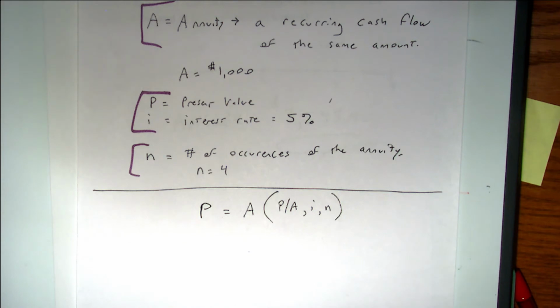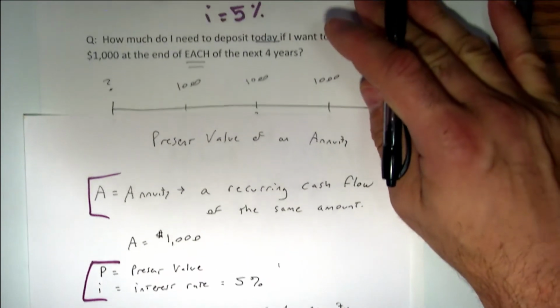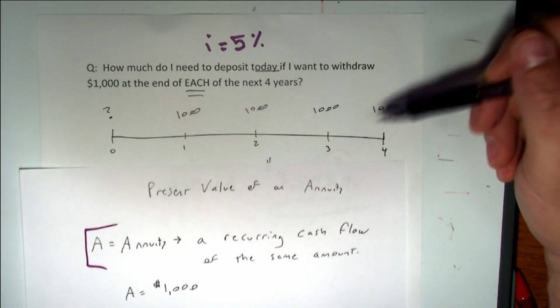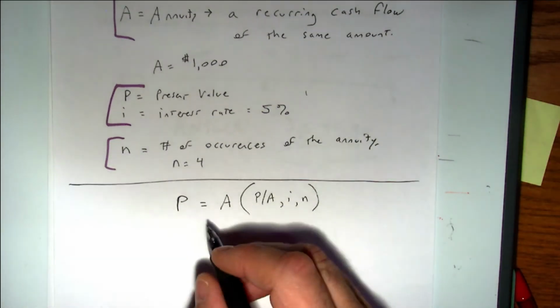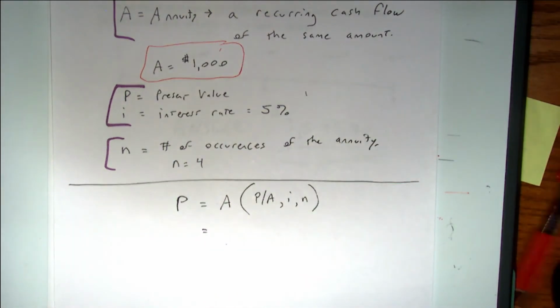Now let's resolve this same problem using my new way. Present value is what we're trying to come up with, right? You correctly said our annuity in this problem was $1,000.